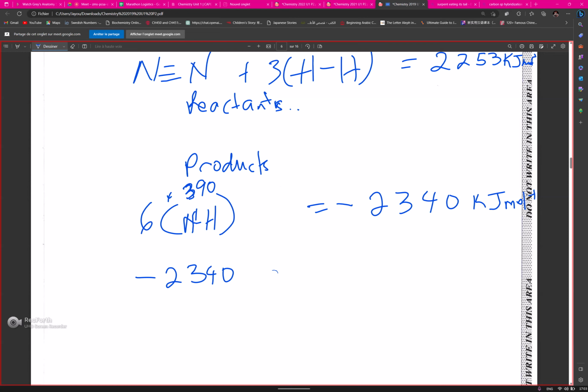So the equation says this, and you feel that it's not going to be right. This is what the equation says: products minus reactants. And what was the answer you said you would get for this?